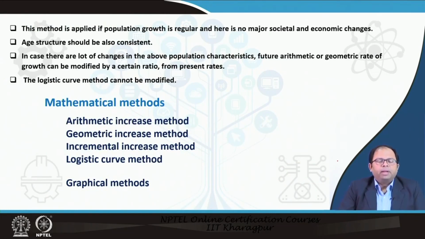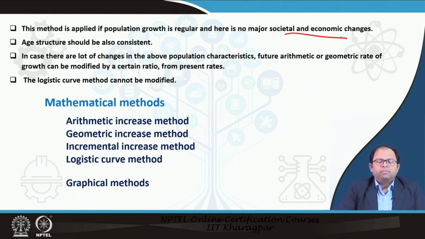So, this method is applied if population growth is regular and there are no major societal and economic changes, and the age structure should also be consistent, that is for the logistic curve. That means the age structure also does not go through very radical changes.